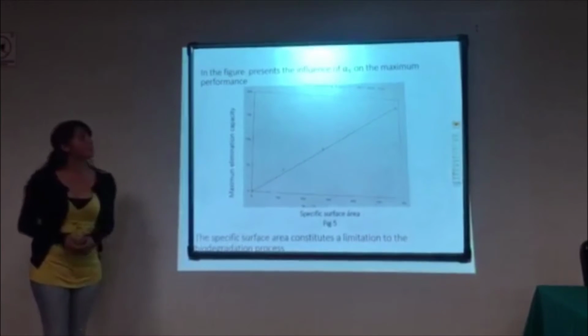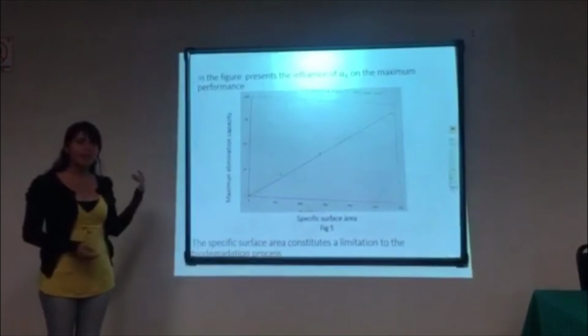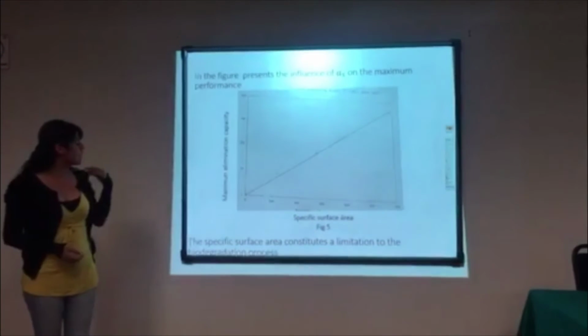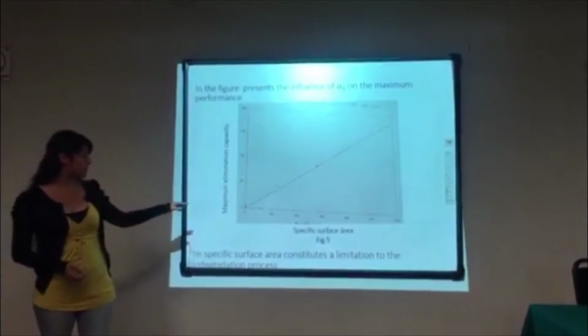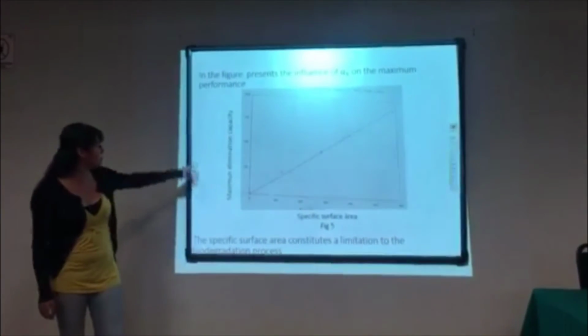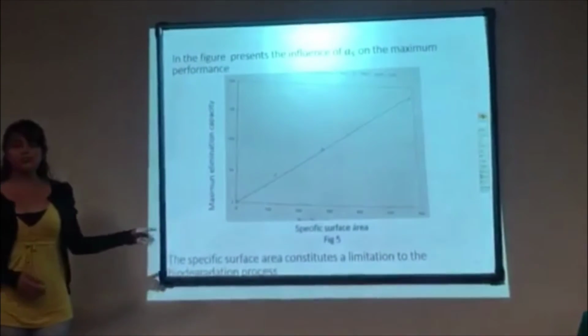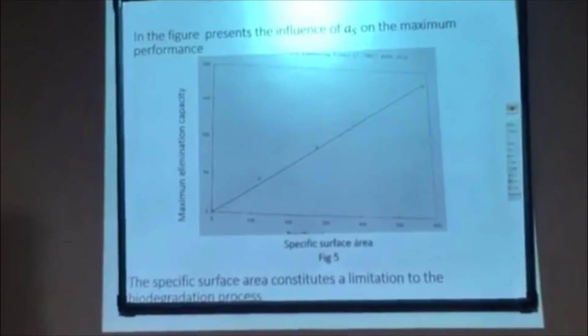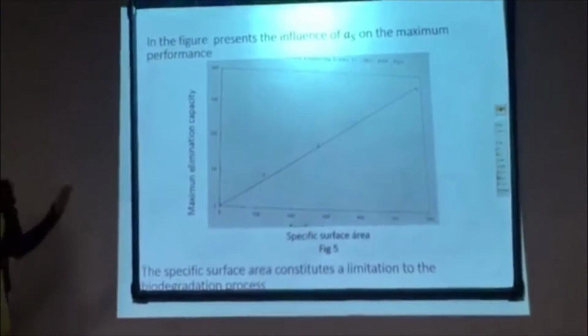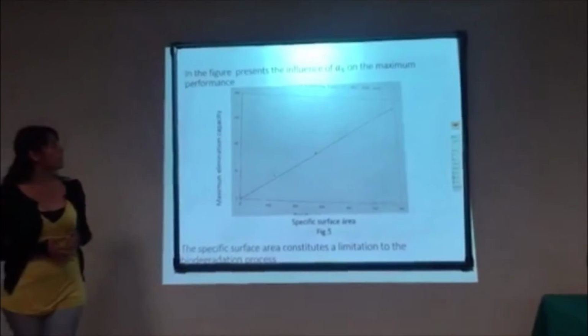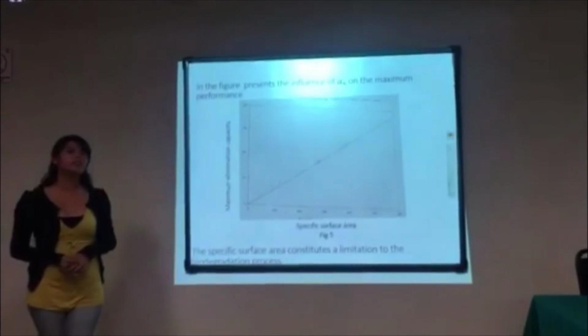This figure presents the increase of the maximum elimination capacity with specific surface area. The specific surface area constitutes a limitation to the biodegradation process. This process was made under experimental conditions.